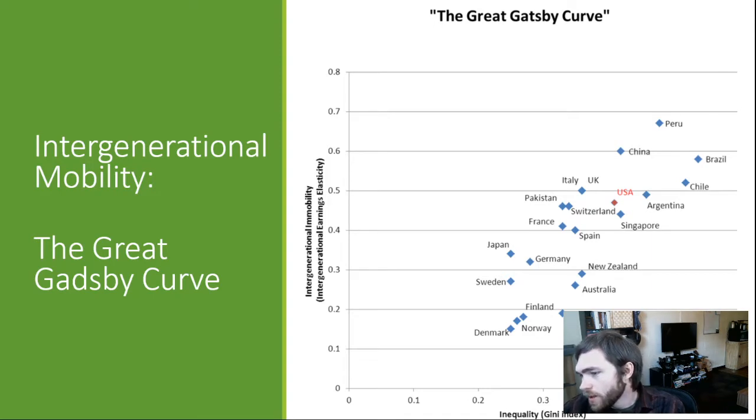So countries that are highly unequal also tend to have low intergenerational mobility. And so that helps to verify this idea that we may have that people can't change their circumstances as much as maybe they could in the past in these highly unequal societies.